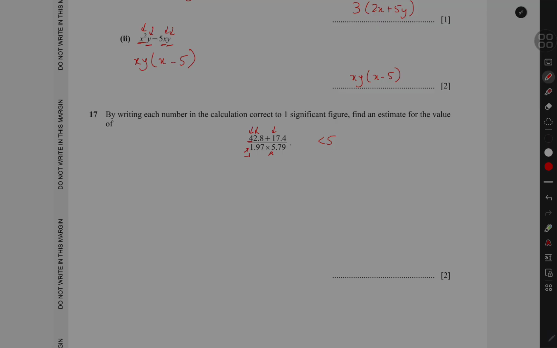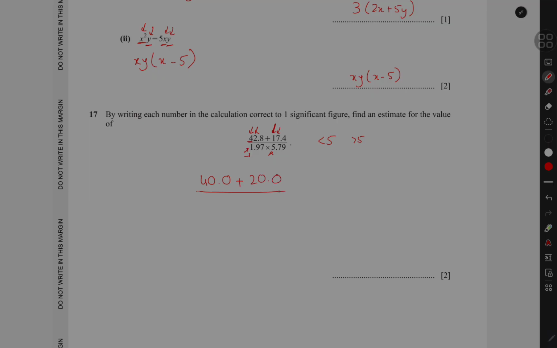If it's less than 5, I just write 0, 0, 0. So 40.0 plus, now I have 1 here. The next figure is 7, which is greater than 5. If it's greater than 5, I increase this one. So it's 1, I make it 2. Now the point and everything else remains the same, and everything else is 0.